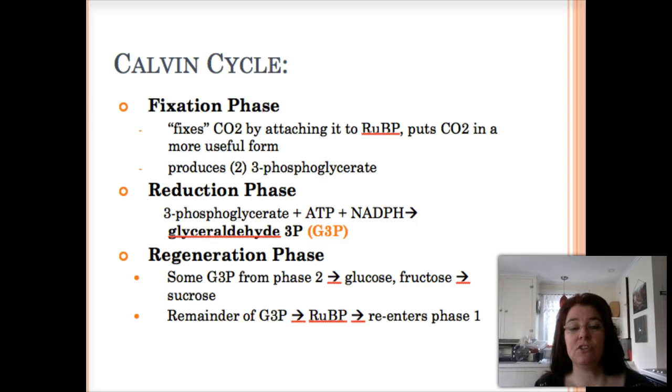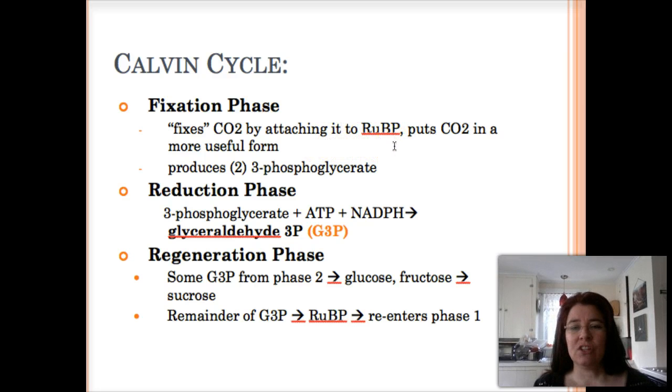Now, the phases are referred to as the fixation phase, the reduction phase, and the regeneration phase. What's happening in the first phase, the fixation phase, is that the carbon dioxide gas, which is coming in, is being attached to that 5-carbon molecule called RUBP.